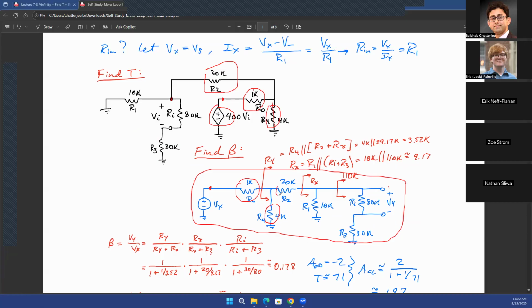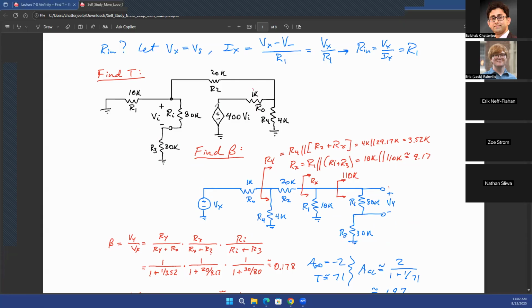So 20 kilo ohm, which is R2, placed here. And at this point, you have one path going through R1, so you have R1 going to ground. And there is another path which goes through Ri and R3. So you have Ri and it goes to R3. So that's the other path.